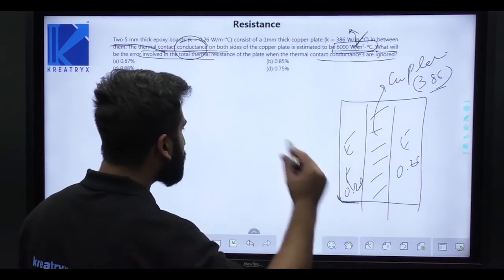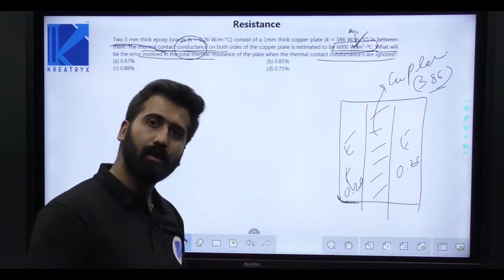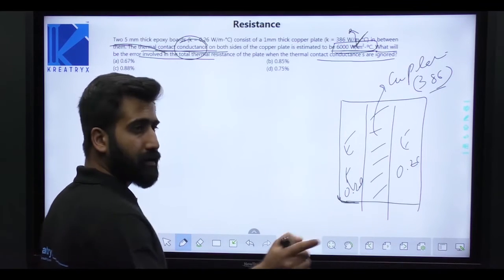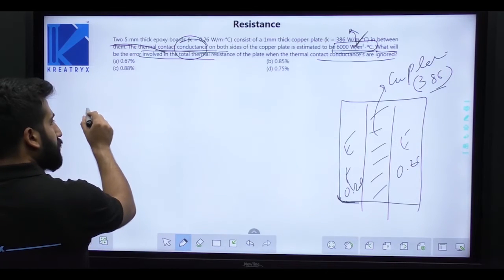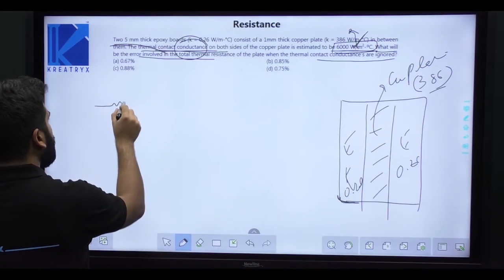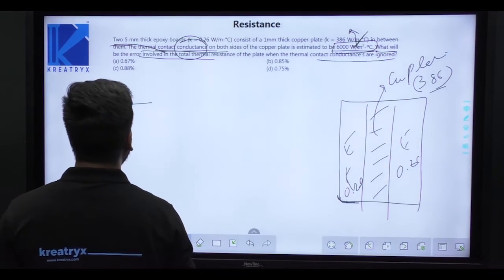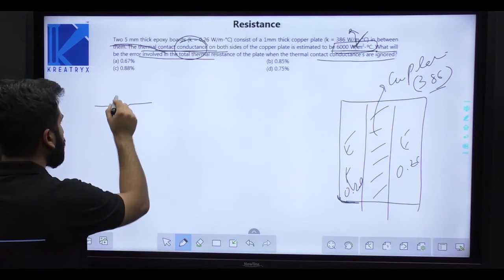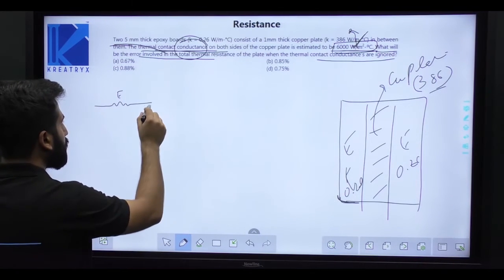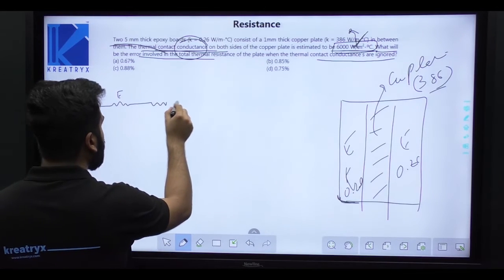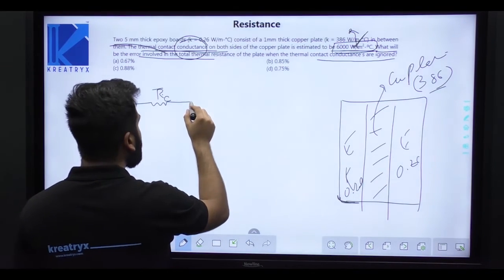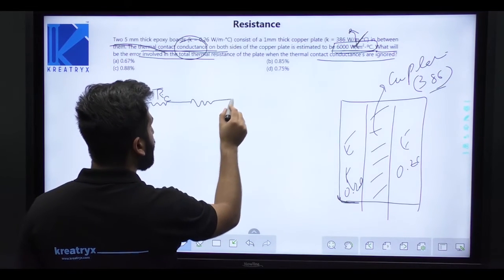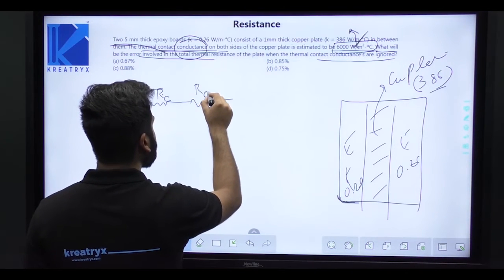So let us draw the resistance circuit diagram including the thermal contact resistance. This is epoxy, the conductive resistance offered by epoxy, RE. Then there will be thermal contact resistance RC. Then there will be conductive resistance offered by copper, RCu.